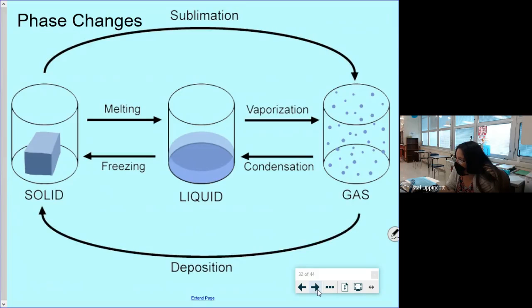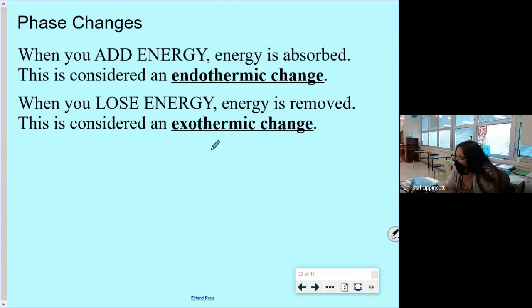Okay. Let's see here. What else do I have? Phase change. Oh, endothermic versus exothermic. Endothermic means that we're adding heat in. Exothermic is we're removing it. I always think of this as exiting. So the heat is exiting the system. I'm trying to write with my mouse.